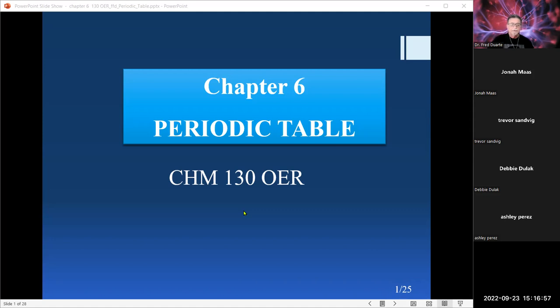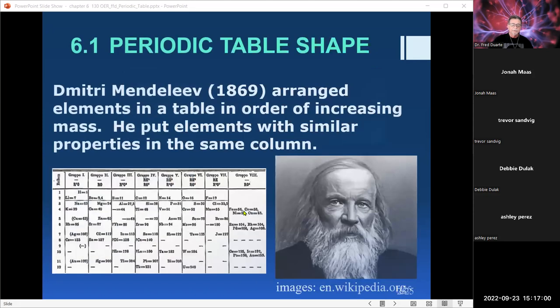All right, let me introduce you to this particular scientist. Okay, interesting looking character. Anyways, Dmitri Mendeleev. Back in 1869, he's credited with creating the first periodic table.